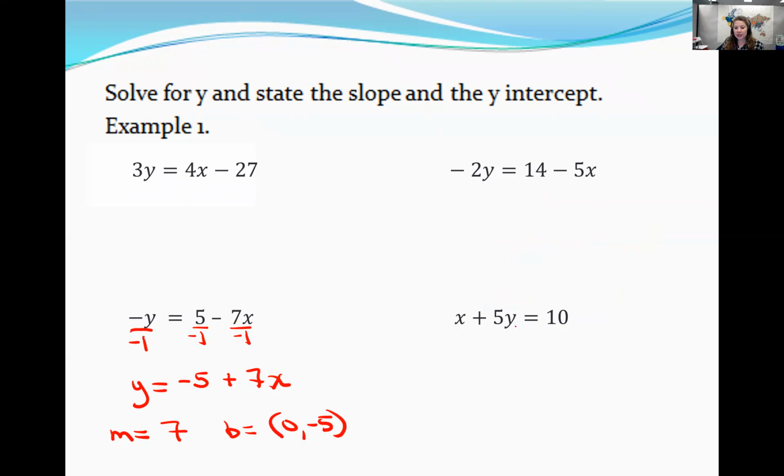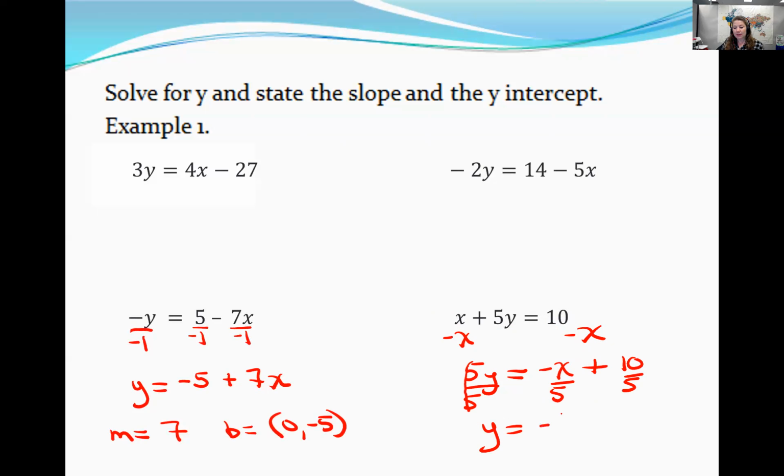All right, what about this one? I want y by itself, so I'm going to get rid of this positive x. I want it on the other side of the equal sign. So I'm going to write 5y equals, I can either write 10 minus x, but I like my x to come first just because I like slope-intercept form. Doesn't matter. And now I'm going to divide every single term by 5. So y equals, so this is just like -1x.